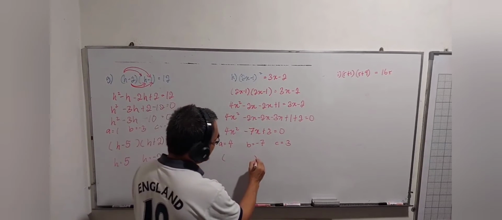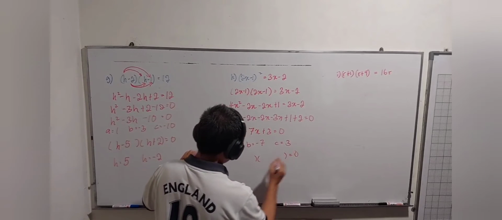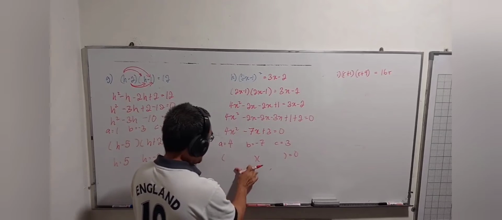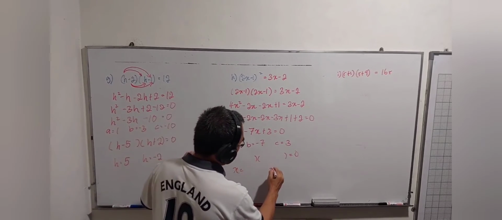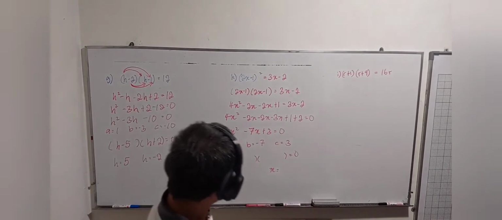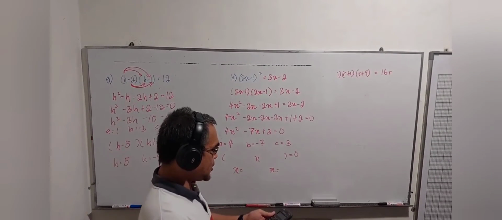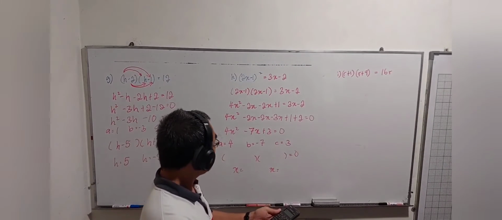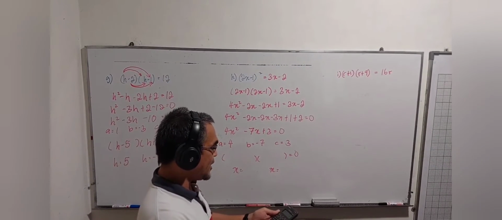So then put two brackets, equal to 0. So you have x, the first x and the second x. Use the calculator to get that: you go to the quadratic mode, asking for a, the value is 4, b is negative 7, and c is 3.